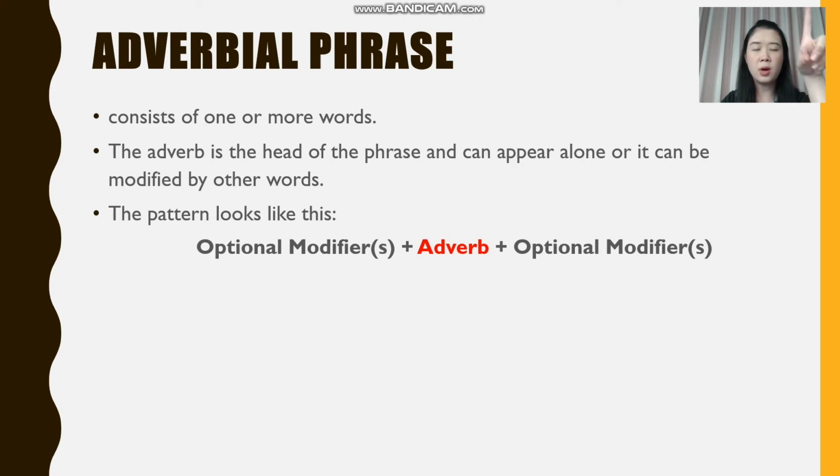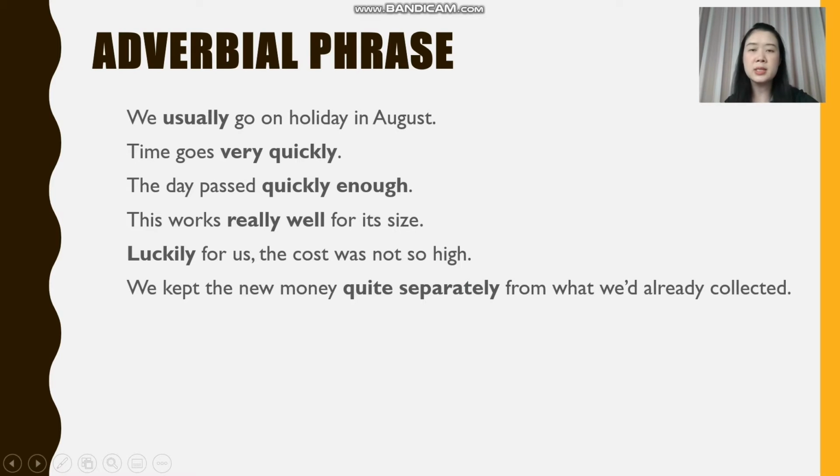We have the adverb here as the head word, but we also have some kind of modifiers before or after, like some adverb of degree that we've discussed, right? It can be used before or after in order to modify the adverb, which is the head word of this phrase.